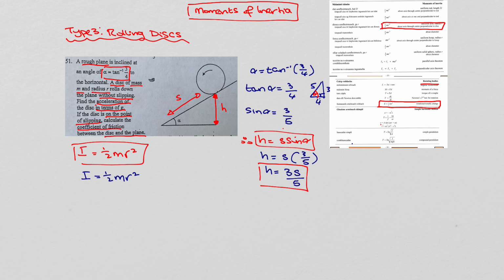Okay, so let's look at our principle of conservation of energy. So our change in potential energy will equal our change in kinetic energy, where our potential energy is beforehand, and then afterwards it's moving, so it's going to have kinetic energy.